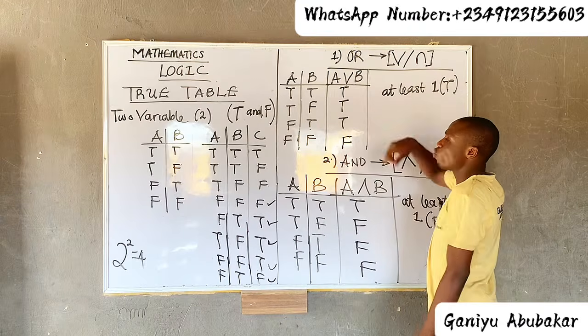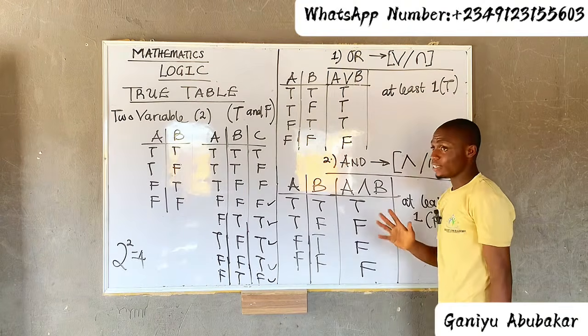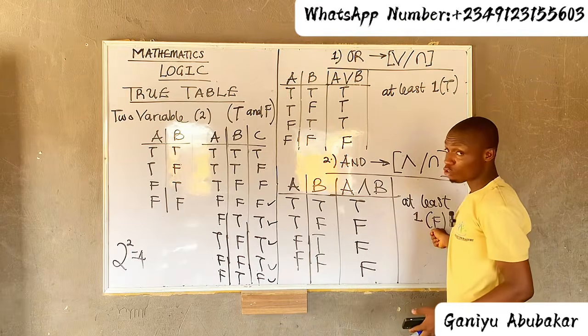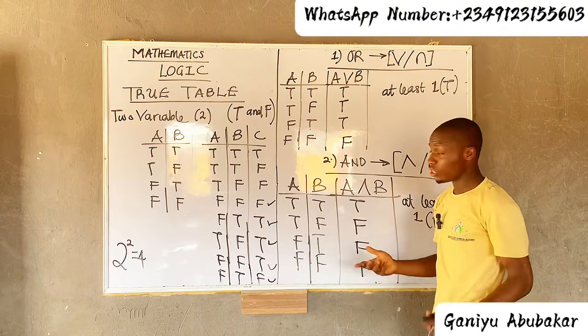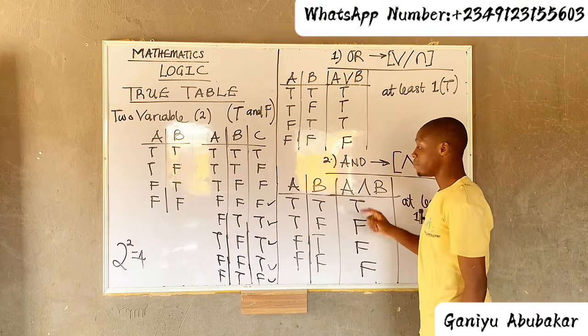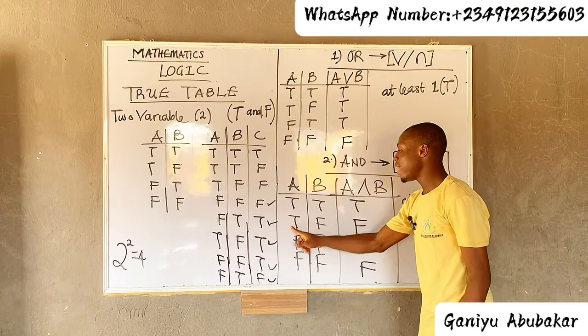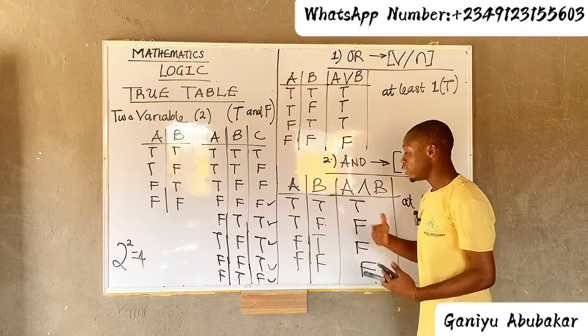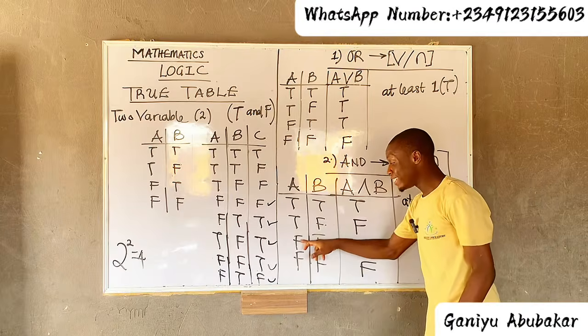If I should have at least one T, my end product should be T. For this one here called and, if I have at least one false, the answer should be false. In this case, I'm having TT. I'm not having false there, so I should have a T as my answer. In this case, I'm having TF. There's a false here. My answer becomes false. Similarly, FT. There's an F here.